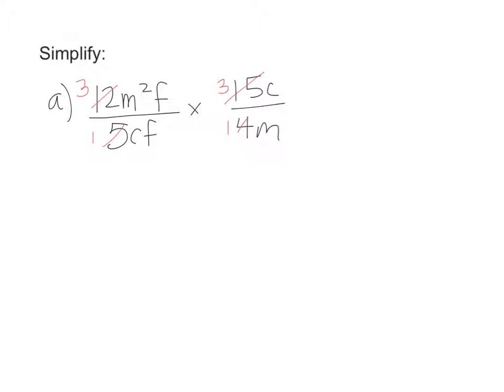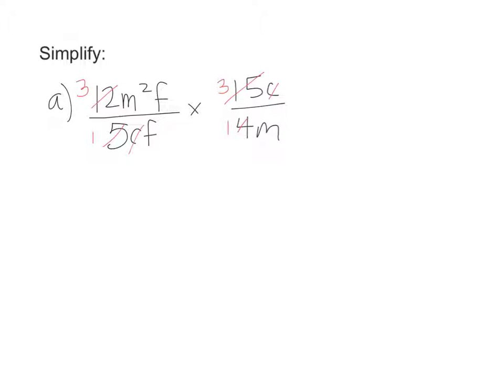And then, Ben, you said C is also common, right? So there's a C in this numerator, and there's a C in this denominator. One in the numerator, one in the denominator. So they can cancel. Really, you're dividing both the numerator and the denominator by C, and they change into ones. So we say that they cancel. They're not really just canceling.